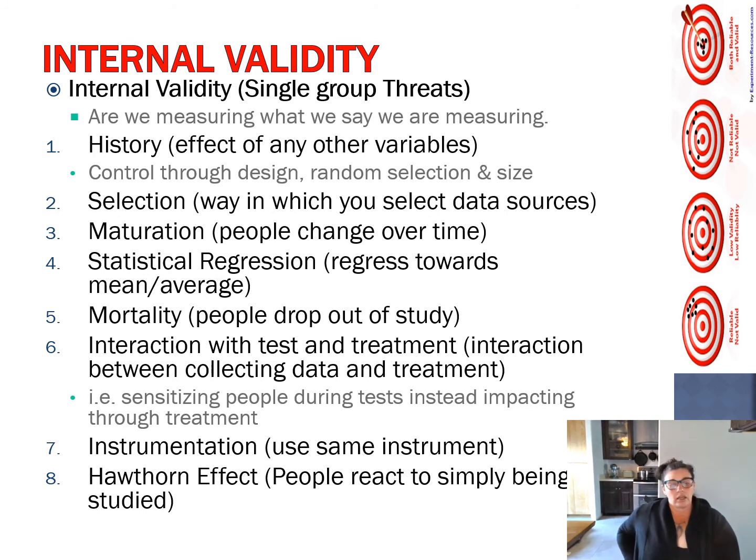Okay, and then the Hawthorne effect, and we talked about this one too. The Hawthorne effect is people react simply to being studied, and we talked about this with the factory light study. If they increased the light, the workers worked harder. If they decreased the light, the workers worked harder.